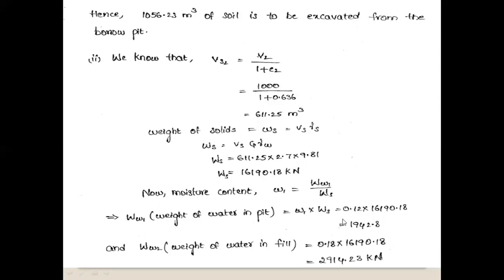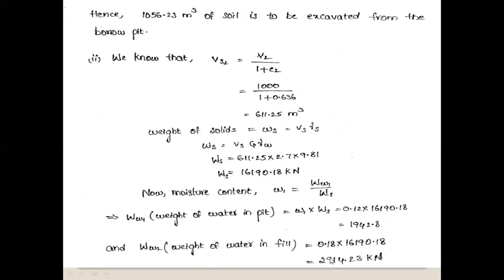Moisture content in the pit portion is 12%, so 0.12 multiplied with Ws 16,190. Then the weight of water in the pit WW1 equal to 1942.8.